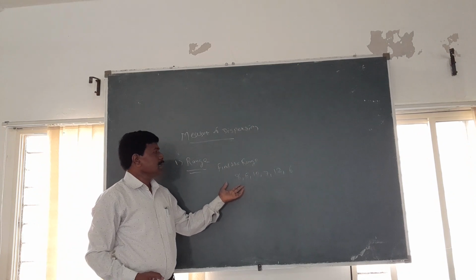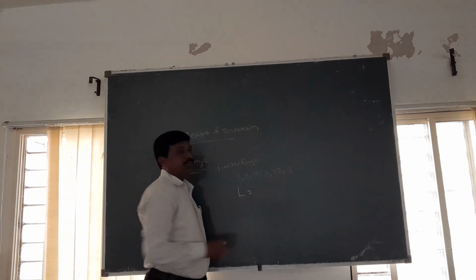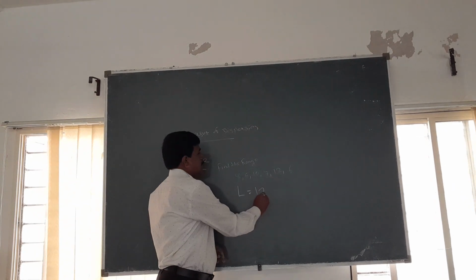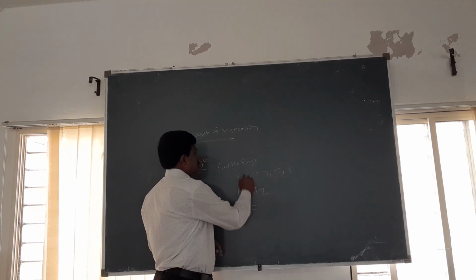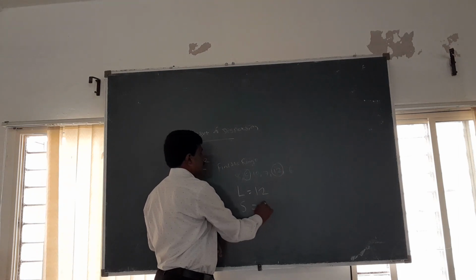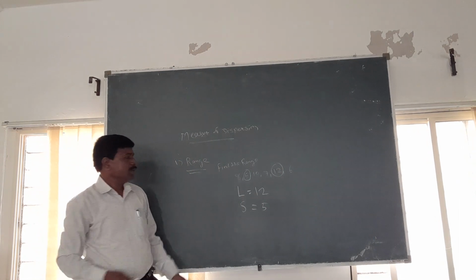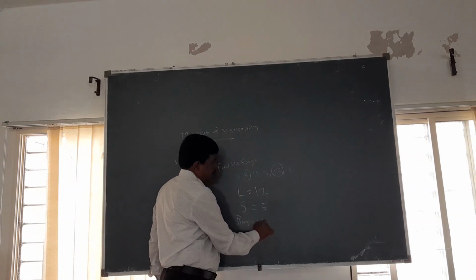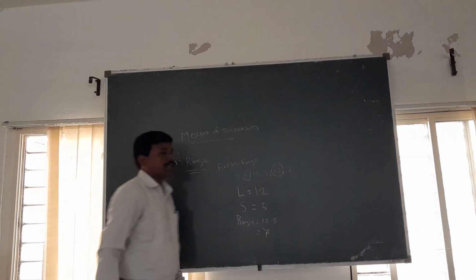We select the largest value. That is, the largest value is denoted by L, that is L is 12, and the smallest observation is 5. Range is the difference between largest value and smallest value, that is range equals 12 minus 5 equals 7.